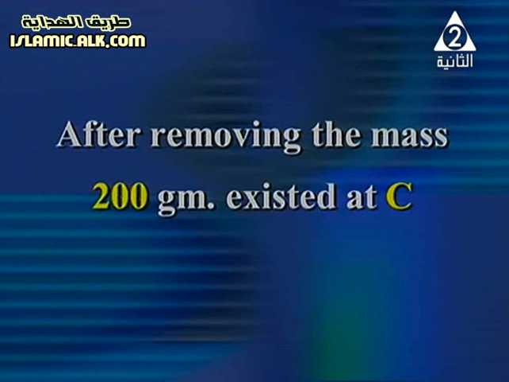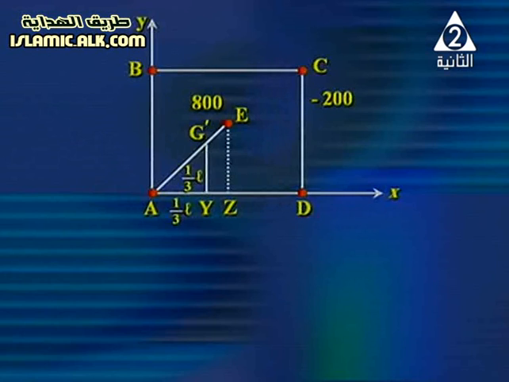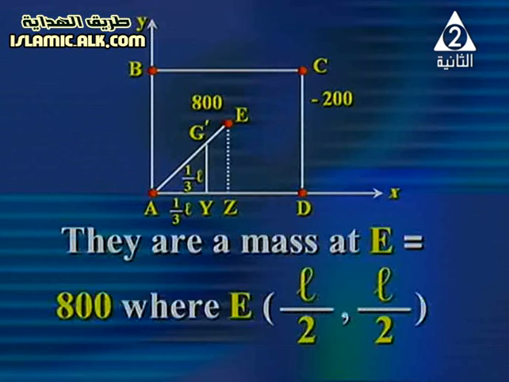After removing the mass 200 gram that exists at point C. Look at it, there is mass at E, 800, where E has coordinates L over 2 and L over 2.